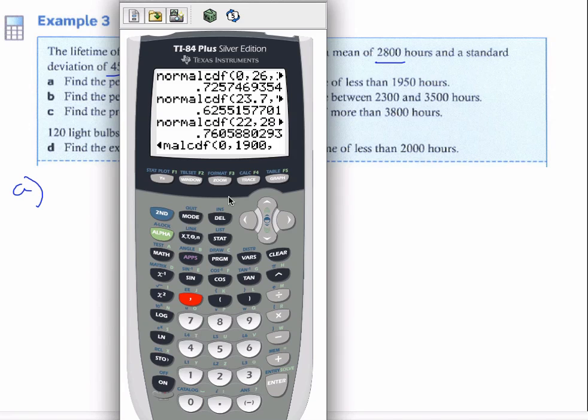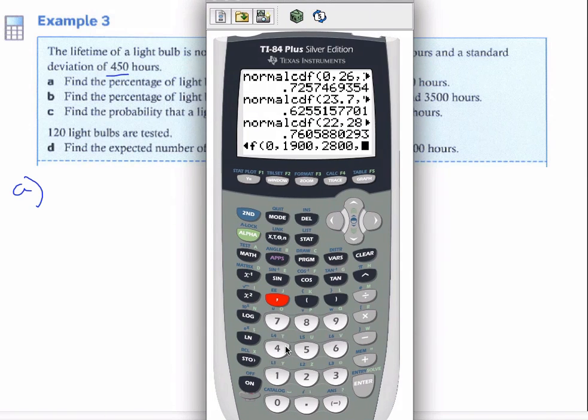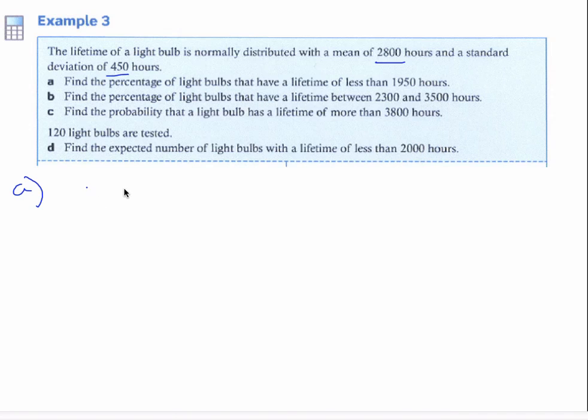The mean is 2,800 hours. And the standard deviation is 450. So that probability is 2.28%. That's the probability that time t is less than 1950.